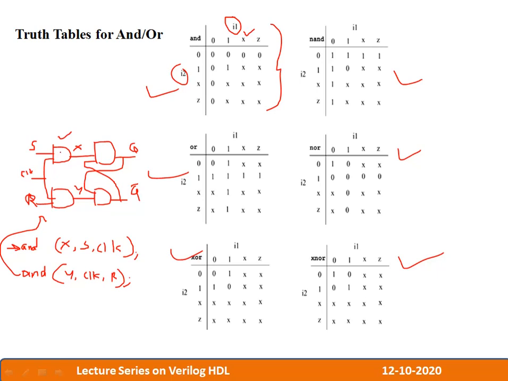Now let's say in my circuit I mention this is A1, for my reference, this is A2, this is A3, and this is A4, and while writing my program I also write AND A1, and AND A2.